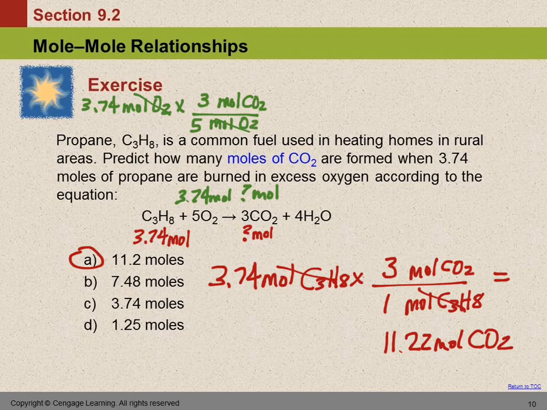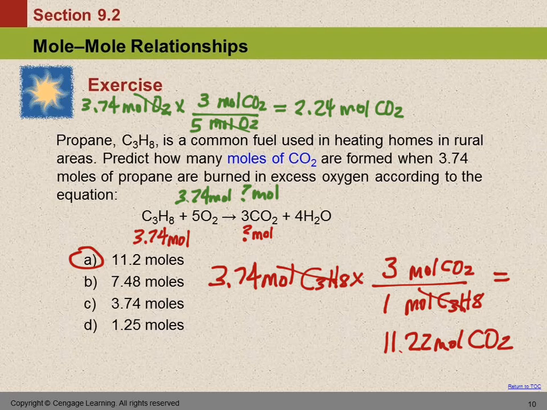So now we'll take 3.74, multiply by 3 and divide by 5, and we'll end up with, I'll round that off, 2.24 moles of CO2 if we burned 3.74 moles of oxygen.